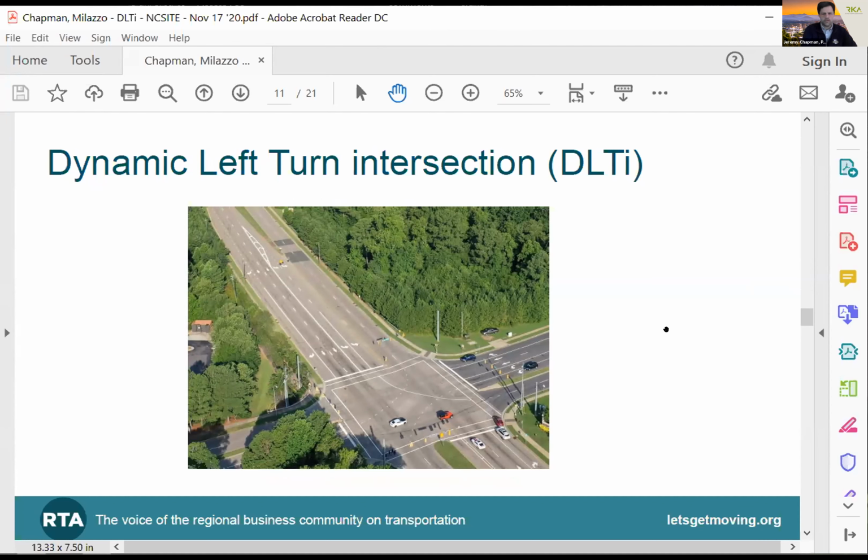So you can see where we repainted from the skip dash to a solid white. I'd have to go back and double check, but I think we actually achieved slightly higher compliance yet, just from drivers seeing a solid line. That little human factors trick actually had a pretty good response as well.